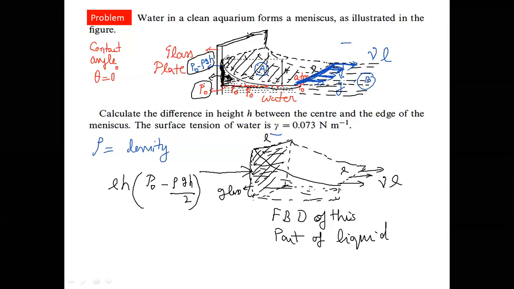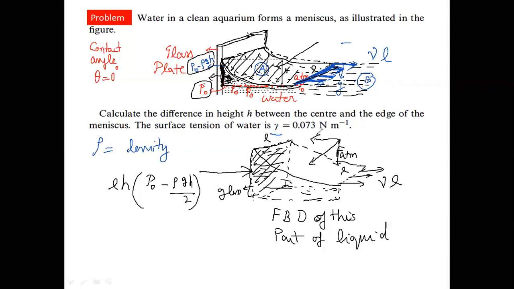Now, this free surface which is in contact with the atmosphere will experience a force from the atmosphere, and this force will have two components, one to the left side and obviously one to the downward side.